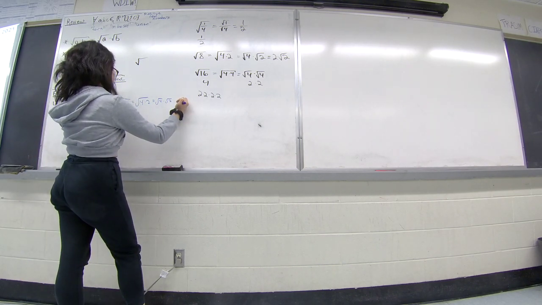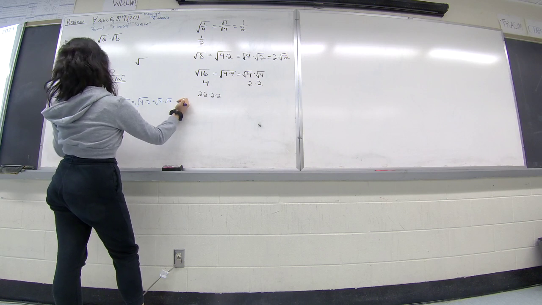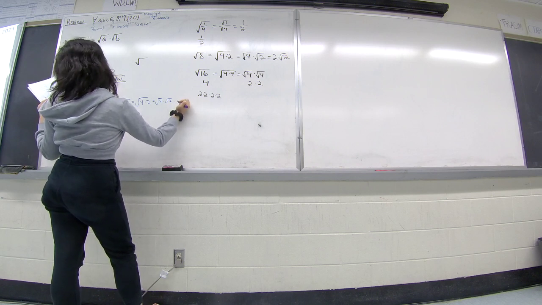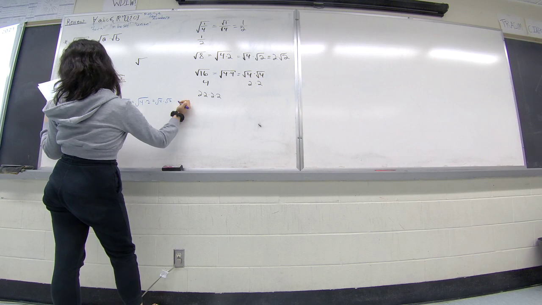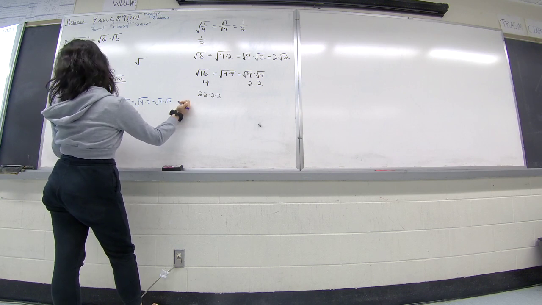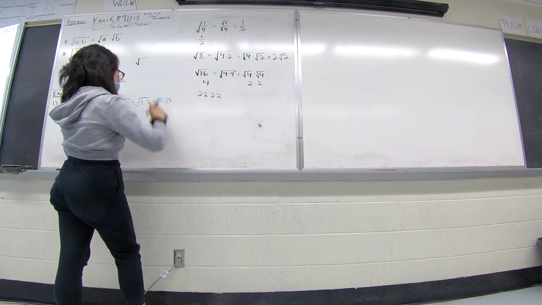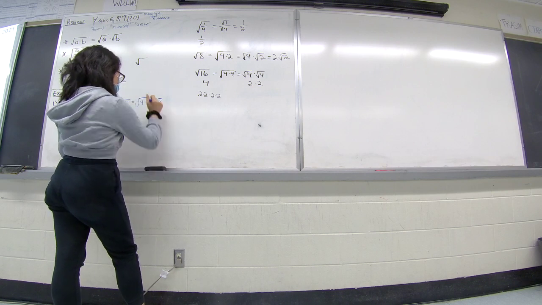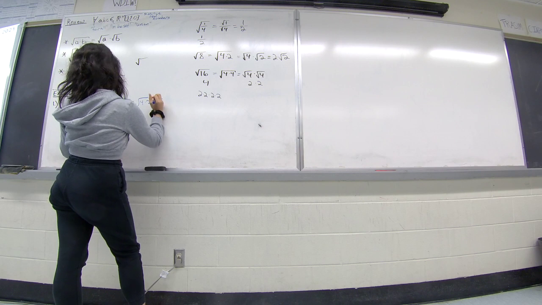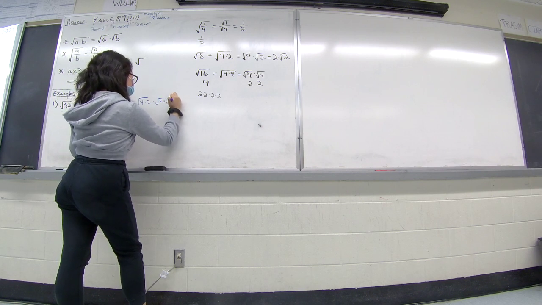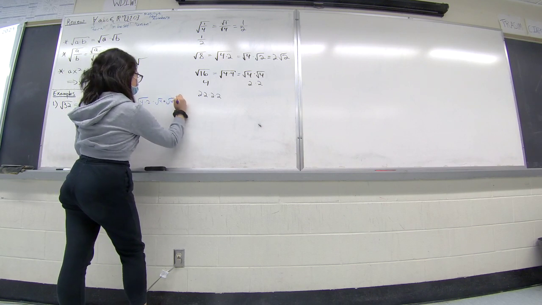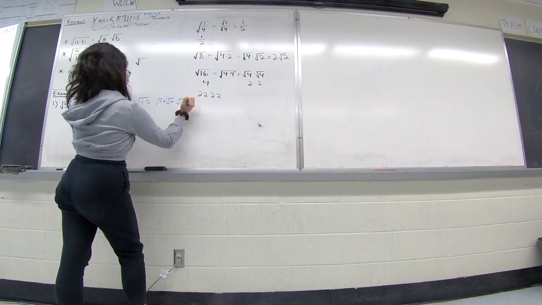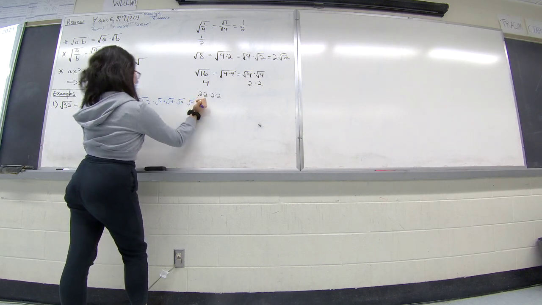So the square root of 8 is the square root of 4 times 2, the square root of 2, right? But don't lose the 2, right? The 2 is there. That's hard.